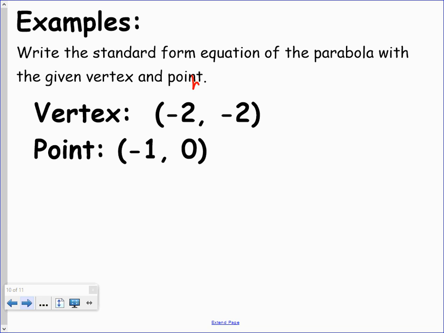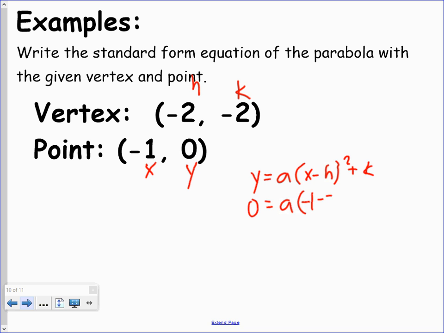What does the point give us? X and y, and so we could plug that into y equals a times x minus h squared plus k. Okay, so we would say 0 equals a times x is -1 minus -2, which is really plus 2, and then minus 2.